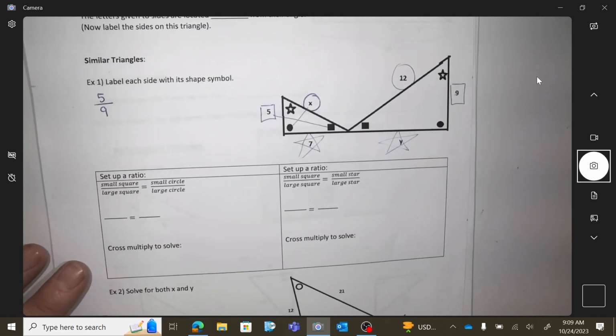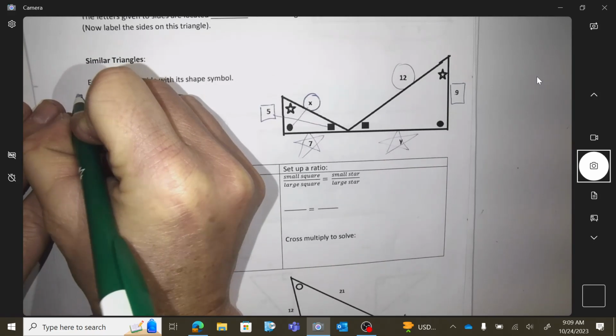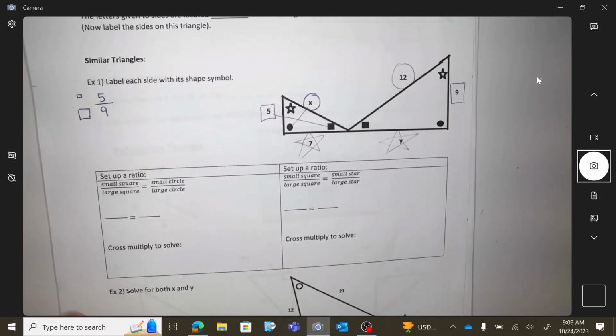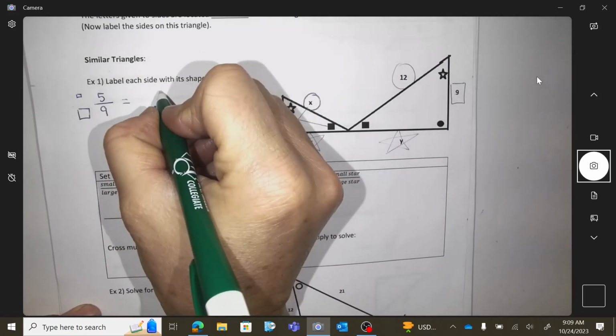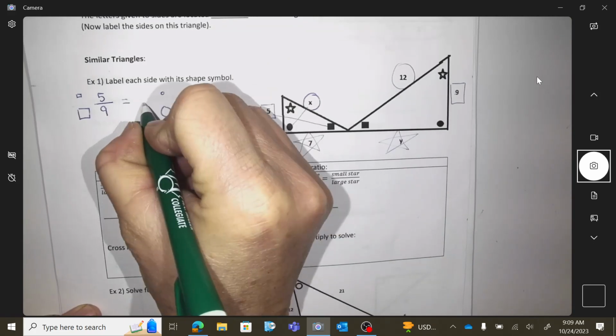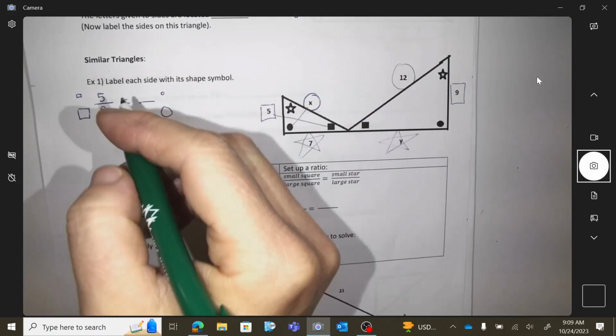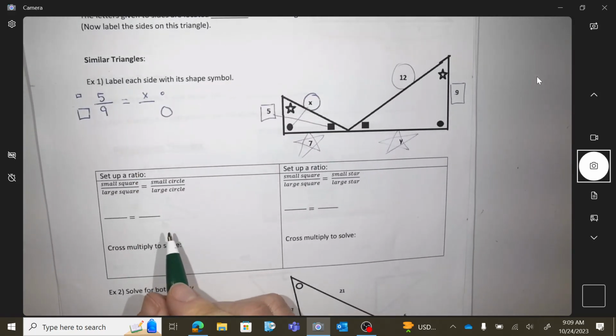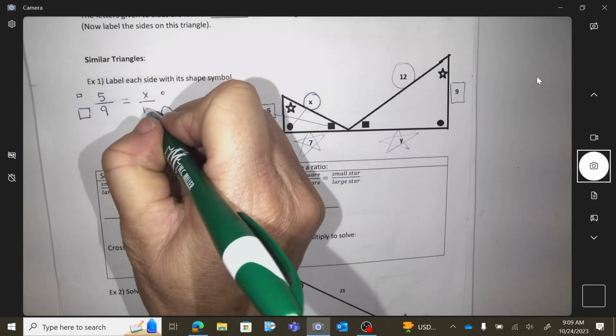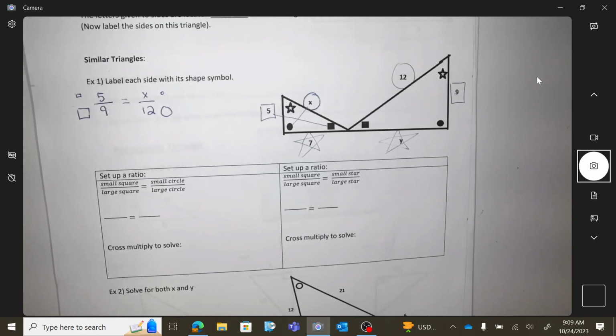The little square to the big square should be the same ratio as the little circle to the big circle. So that would be an X on the little circle and a 12 on the big circle.